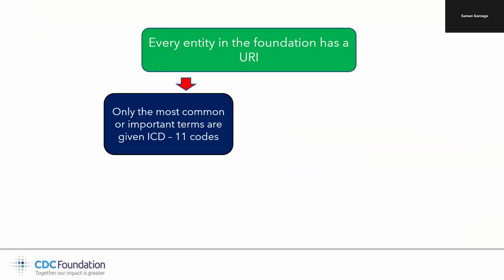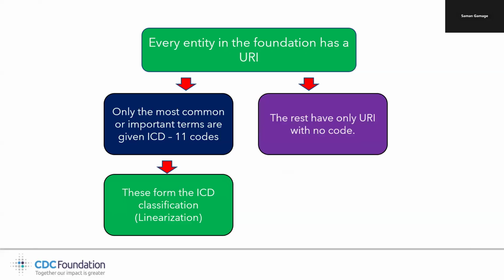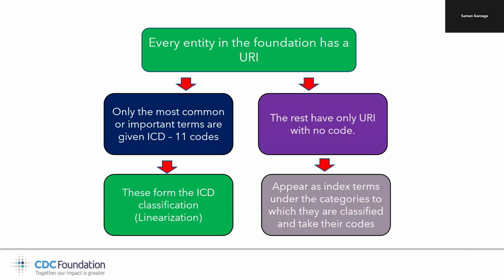Only the most common or important terms are given ICD-11 codes. These form the ICD classification or linearization, categories with codes. The rest have only a URI with no code.